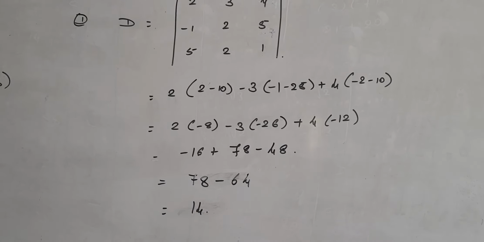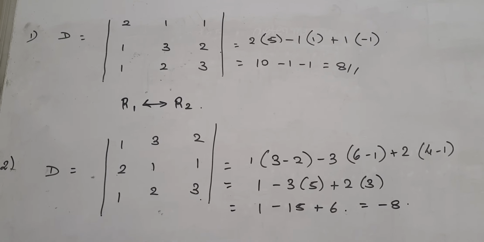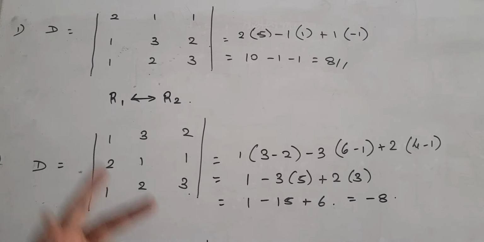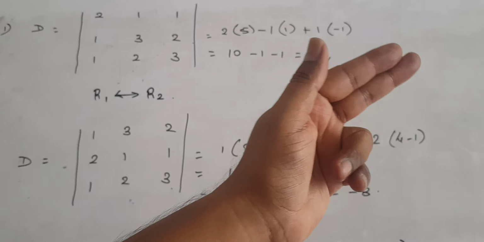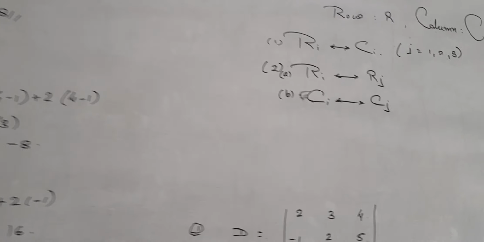When we interchange the elements of any two rows or columns, the value of the new determinant is opposite to the original determinant. उसको हम additive inverse of the original determinant भी कह सकते हैं. यहाँ रो का इंटरचेंज किया, द वैल्यू ऑफ अ न्यू डिटर्मिनेंट इज ऑपोजिट ऑफ द ओरिजिनल डिटर्मिनेंट, और यू कैन से एडिटिव इनवर्स, और यू कैन से ऑपोजिट इन साइन ऑफ द डिटर्मिनेंट. इज दैट क्लियर? दिस कम्स फ्रॉम दिस सेकेंड सिंबल Ri to Rj और Ci to Cj.